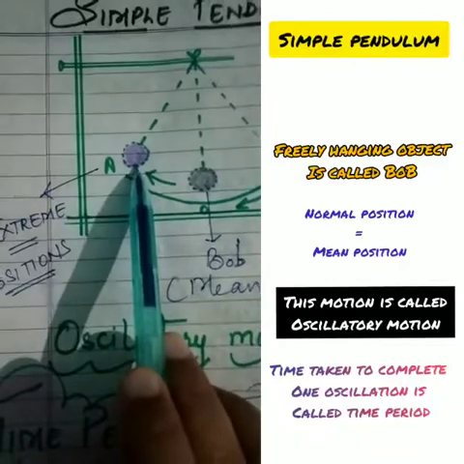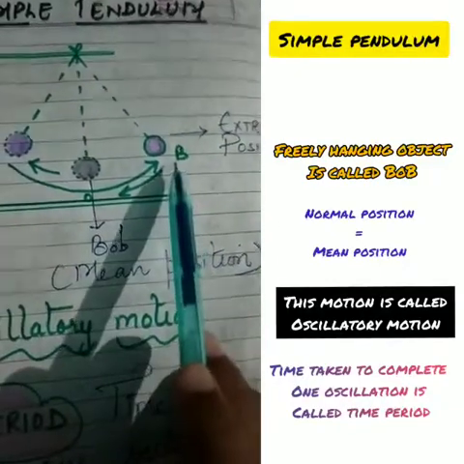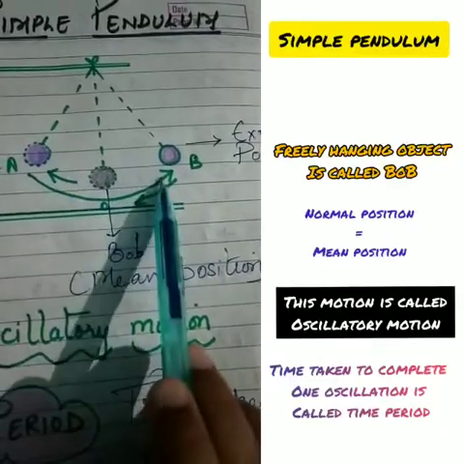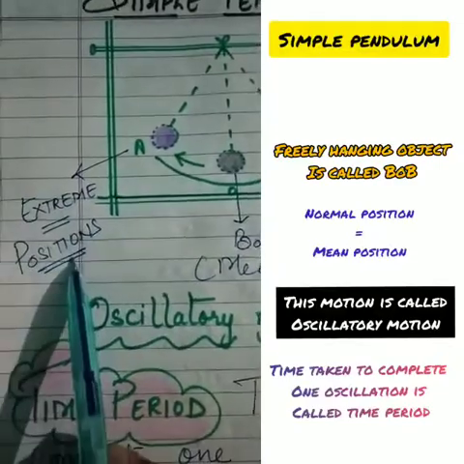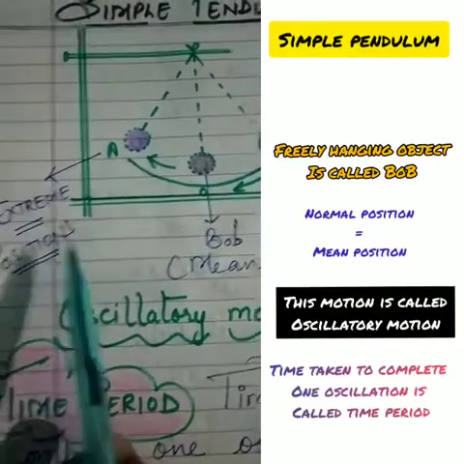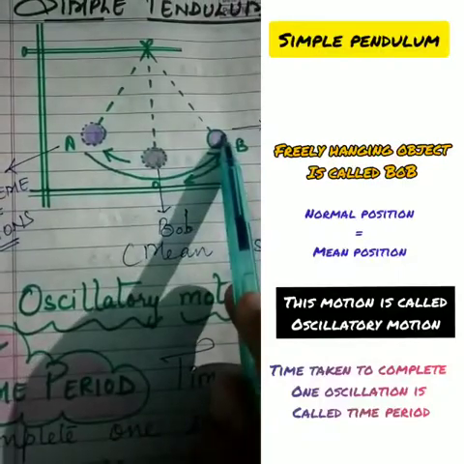And these two positions which the bob takes while moving in oscillatory motion, these positions are called extreme positions. So this is the mean position, and these are the extreme positions of the bob.